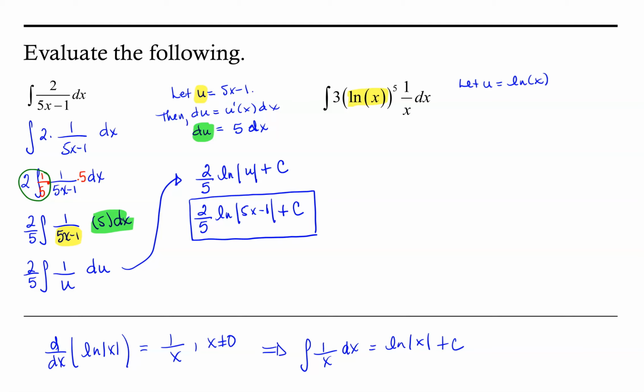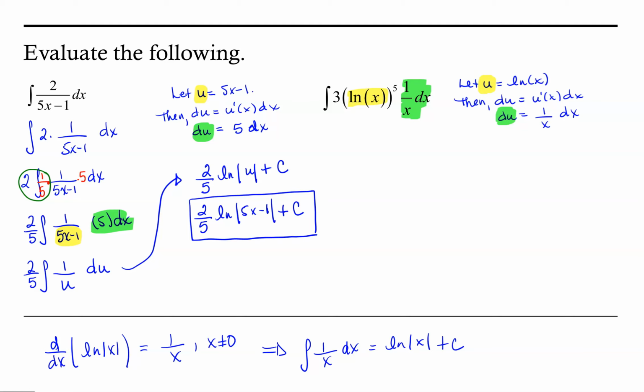If u is the natural log of x, then du, our differential, should be u prime of x dx. In this case, du should be 1 over x dx. And notice that I do have 1 over x dx that can serve as my du, and I have the natural log of x, which can become simply a u.